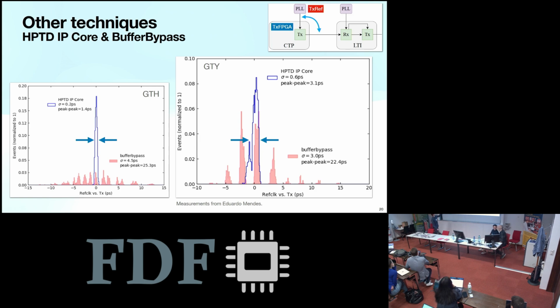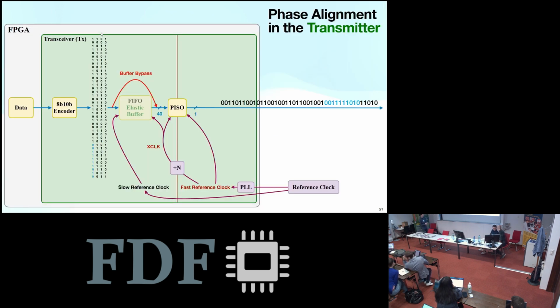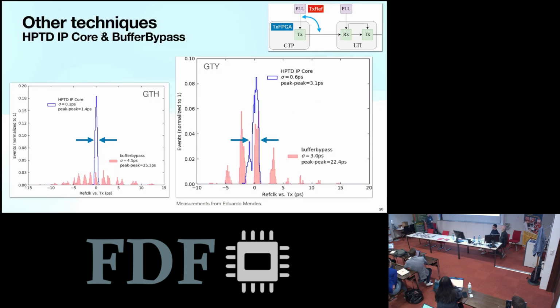The buffer bypass works by bypassing the FIFO, which is called the elastic buffer, and doing so, the situation improves by a lot. We kind of have phase determinism, but the range of the phase is 30 picoseconds.